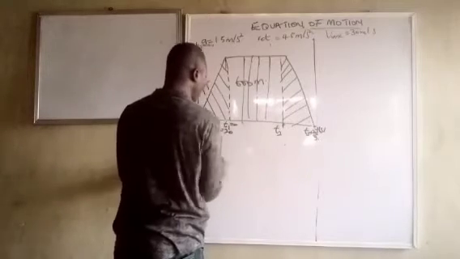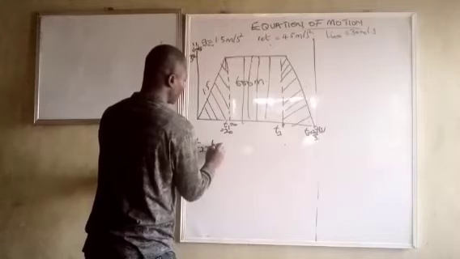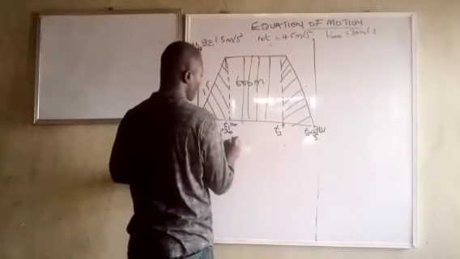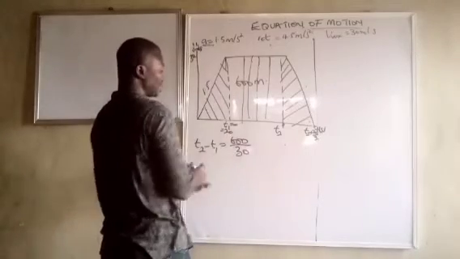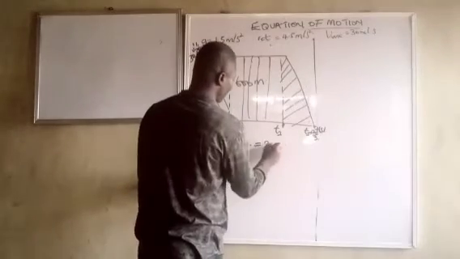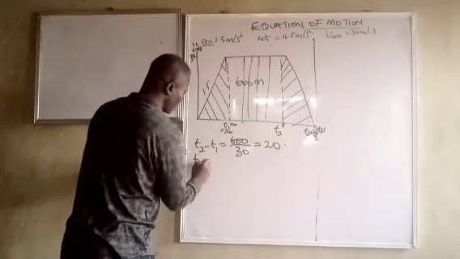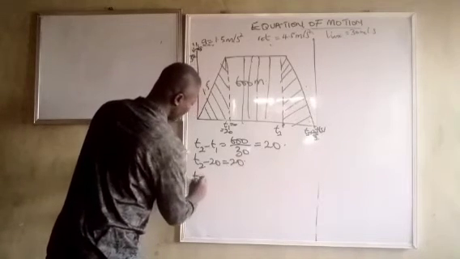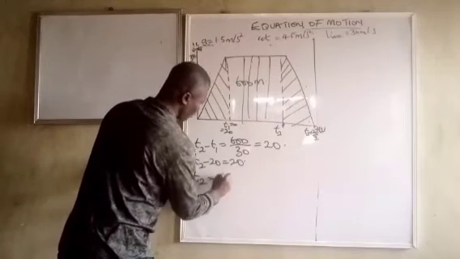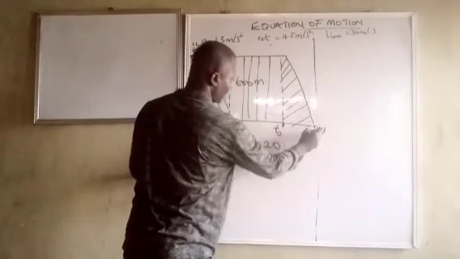So let's calculate what T2 is. So T2 minus T1 will be equal to 600 over 30 because it moved with constant velocity. But you know that T1 is 20, so T2 minus 20 is equal to 20. T2 will be equal to 40. And the final one here, which is T3.